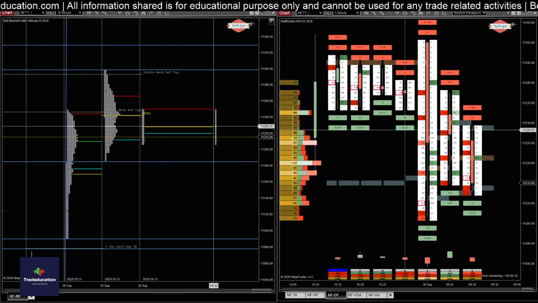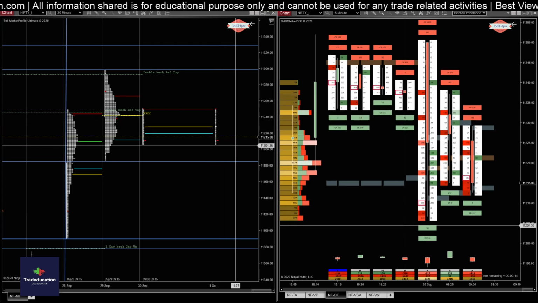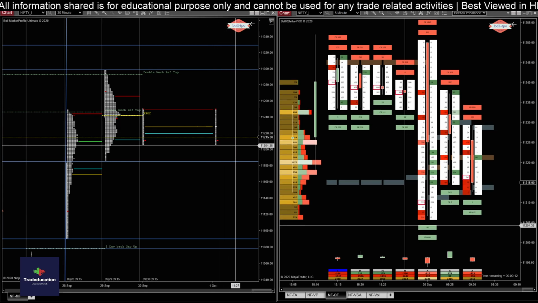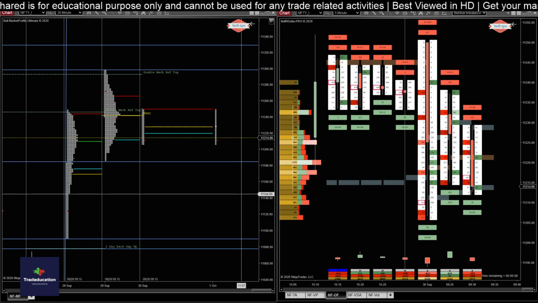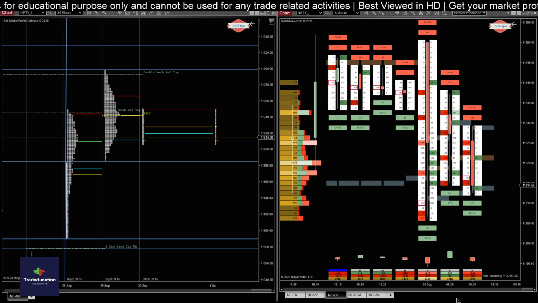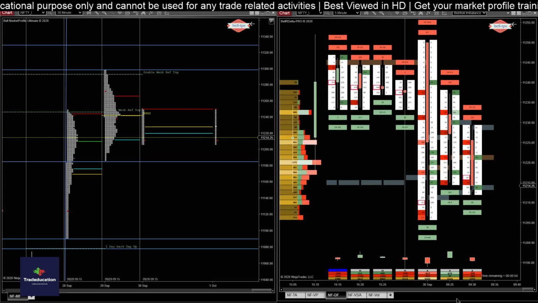So the trade plan is to take a short trade now. First target is today's low, and second target is yesterday's low. I'm expecting sellers to step in now.